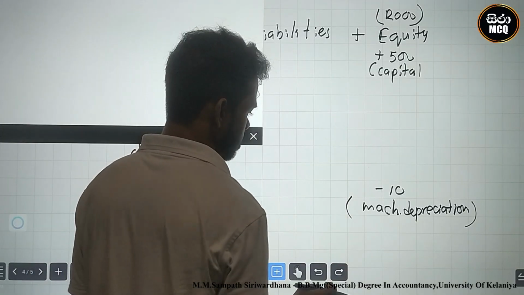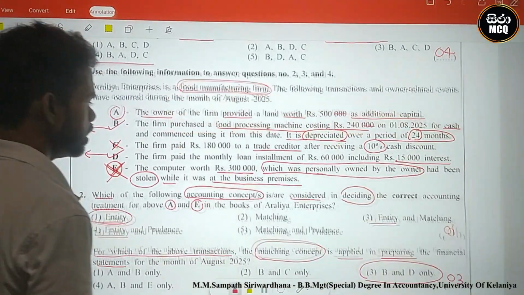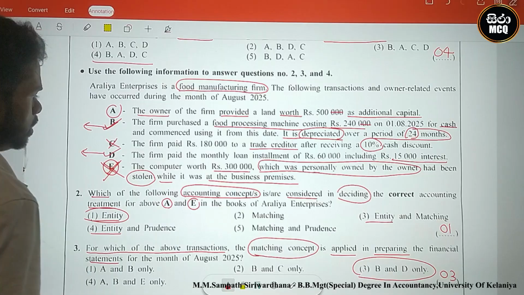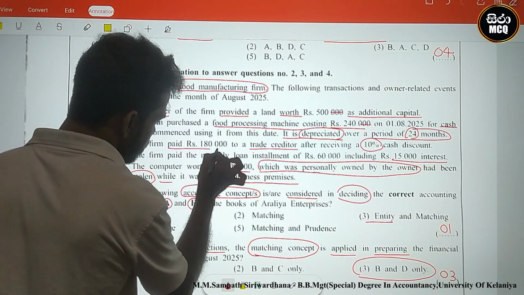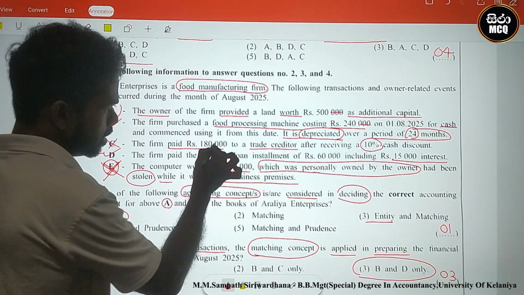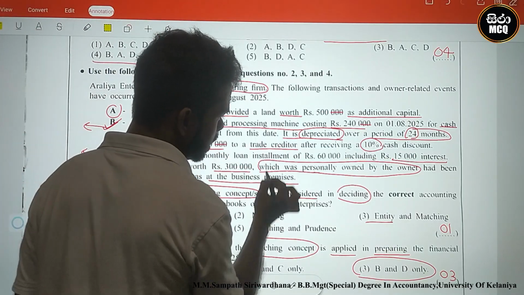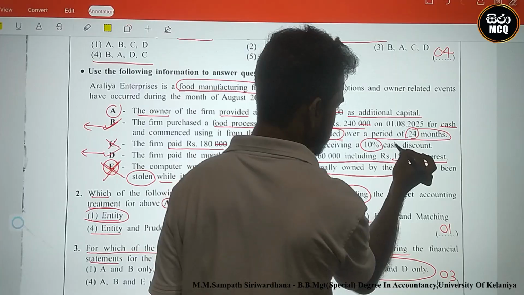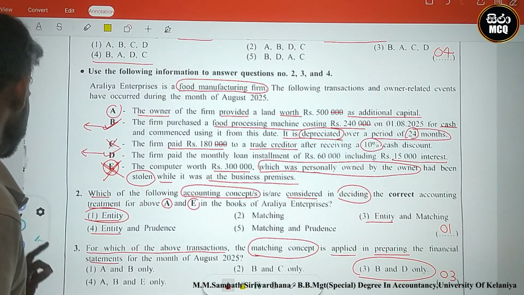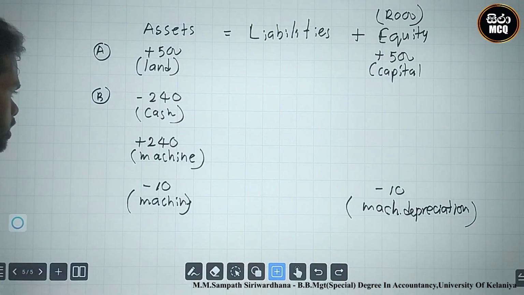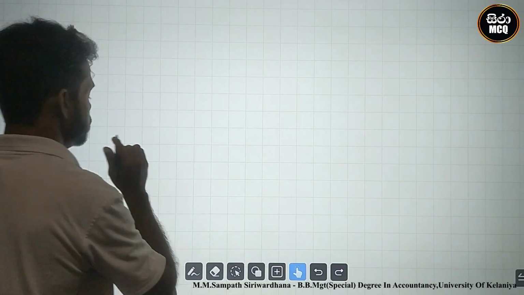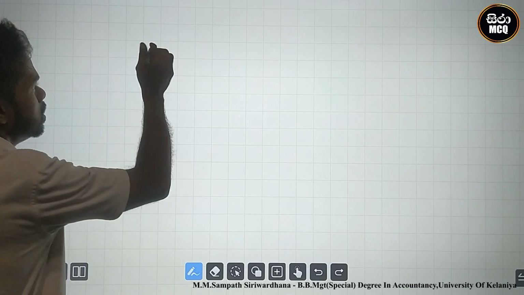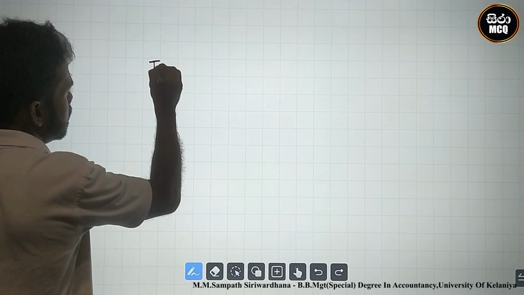Okay, third one. Let's see, transaction number 3. The firm paid 180,000 to trade creditors after receiving 10% cash discount. Look here, this is the explanation. This is the schedule, you know what the schedule is? Trade payable.